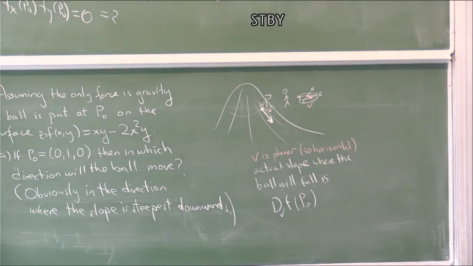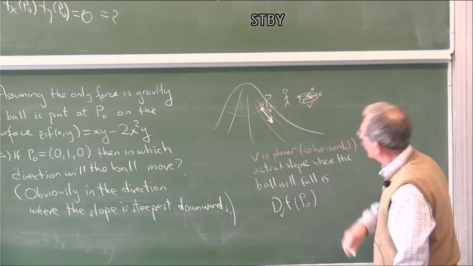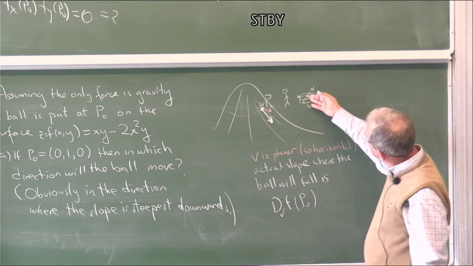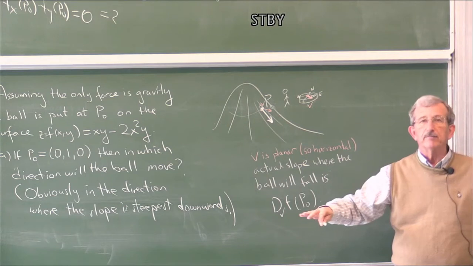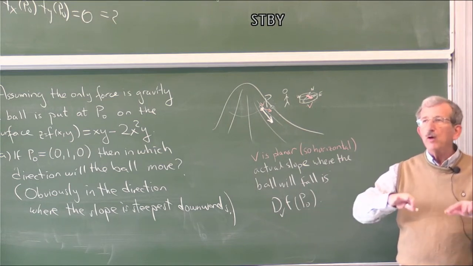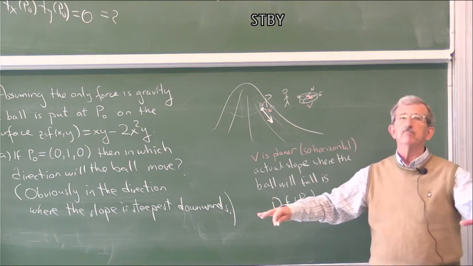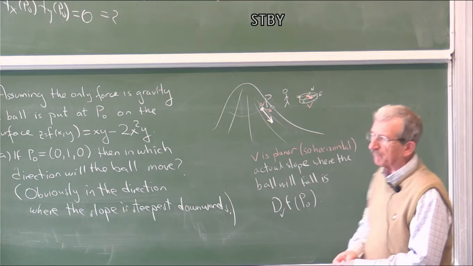The direction is horizontal, but the ball will fall in this direction. Why is it horizontal? Because the direction vector V is in the xy plane. It tells us how P moves at the bottom. So it's horizontal, and this is the picture roughly.